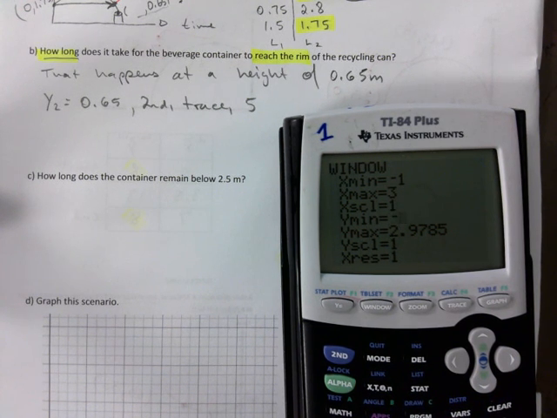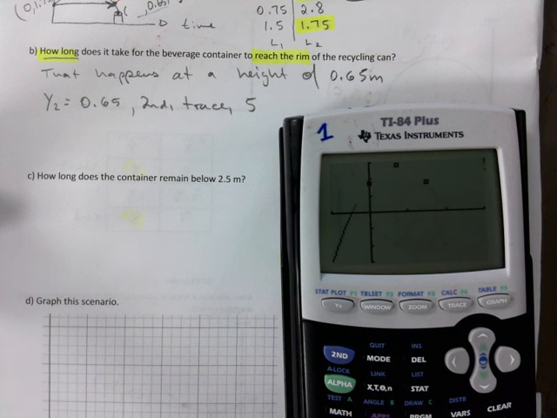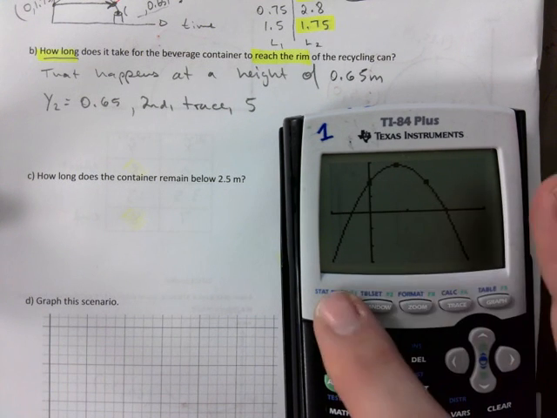Y min, I'm going to change it to negative. I'm not talking big numbers here, so I'm just going to leave it like that. My max is 2.8, it tells me, so if I keep that at 3, it should be fine. And there it is. And we're only concerned with quadrant 1.